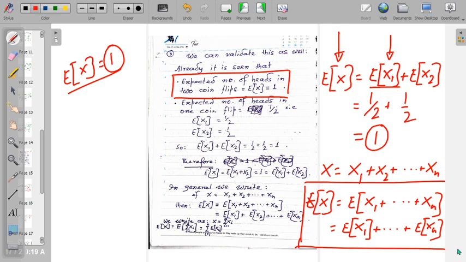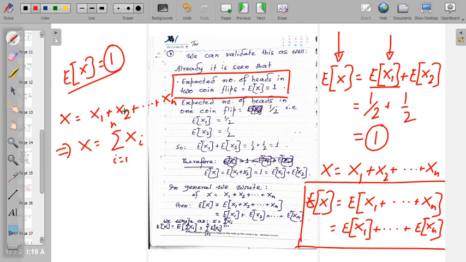In our subsequent development, I will write x as x1 plus x2 plus up to xn, that is, the summation of xi over i equals 1 to n.